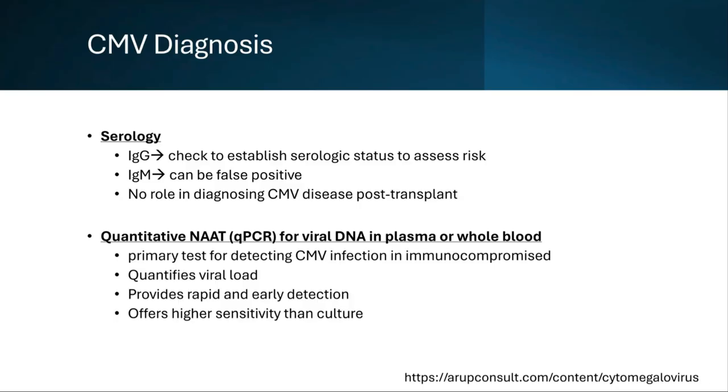Remember, IgG is used to establish serologic status to assess the risk. We generally do not recommend even checking IgM because it can be falsely positive, or if positive after acute infection, it can remain positive for many weeks and even months. So there is really no role for serologies in the diagnosis of CMV disease post-transplant.